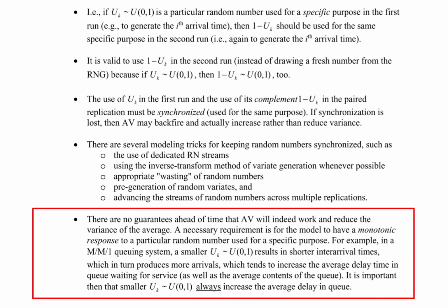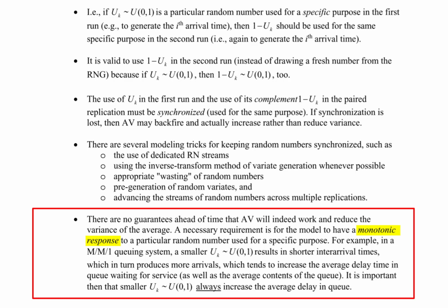It must be emphasized that there are no guarantees ahead of time that antithetic variates will indeed work and reduce the variance of the average. A necessary requirement is for the model to have a monotonic response to a particular random number used for a specific purpose.